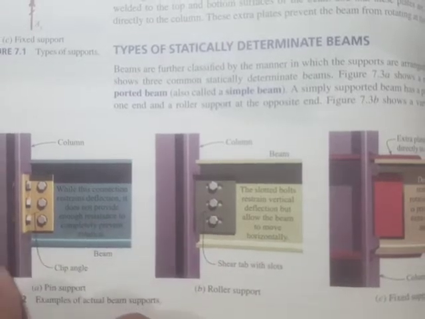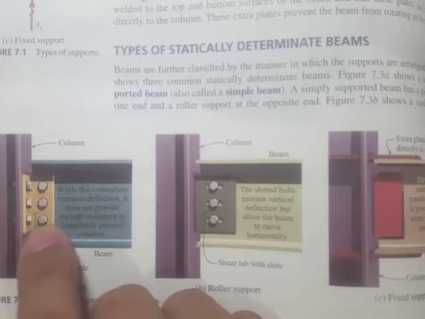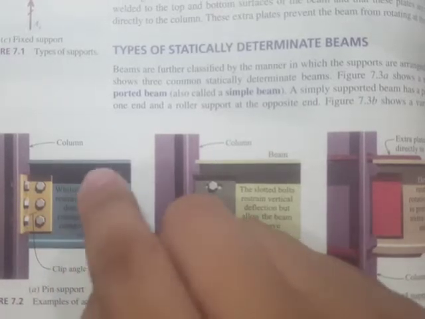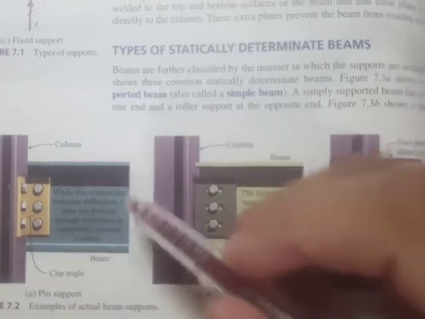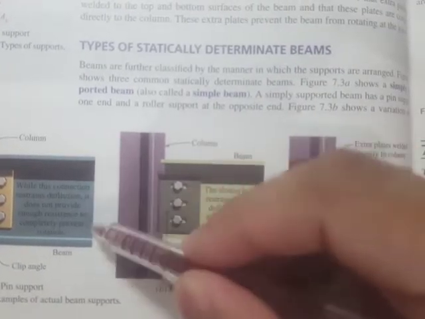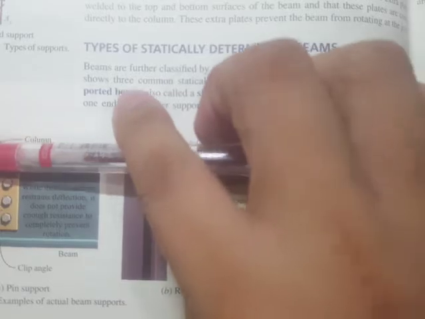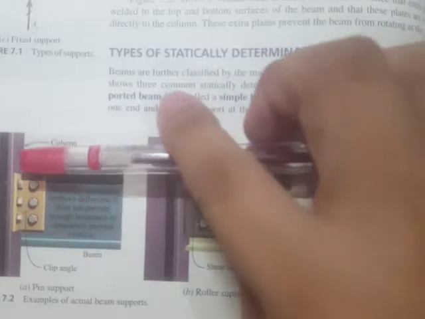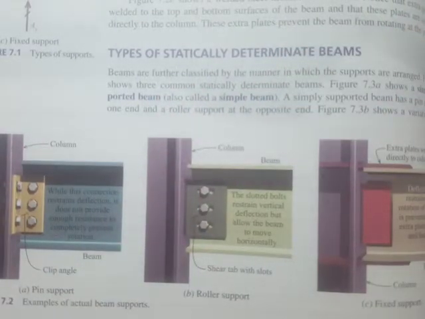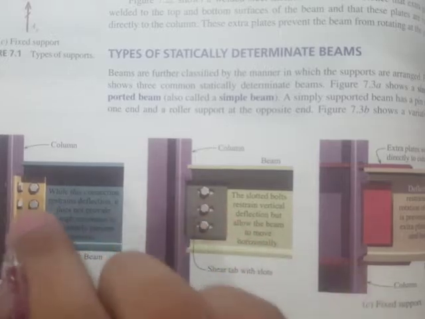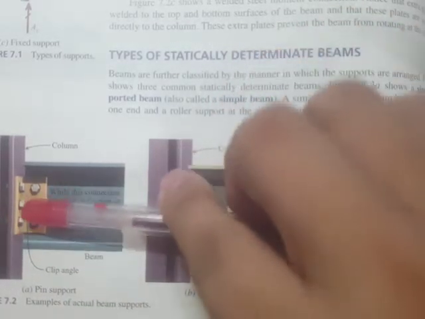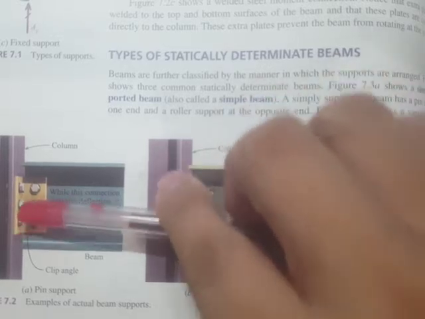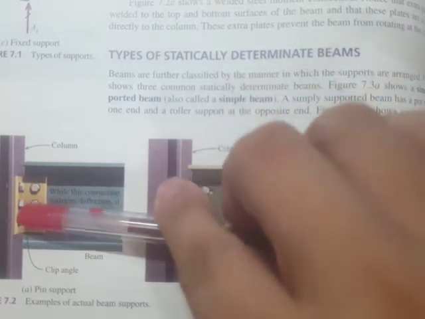And if the connection is along the web only, because for a steel I-beam, this one is referred to as the web, and this top and bottom portion are referred to as the flange. So if the connection is only along the web, then of course there is an accommodation of slight rotations.